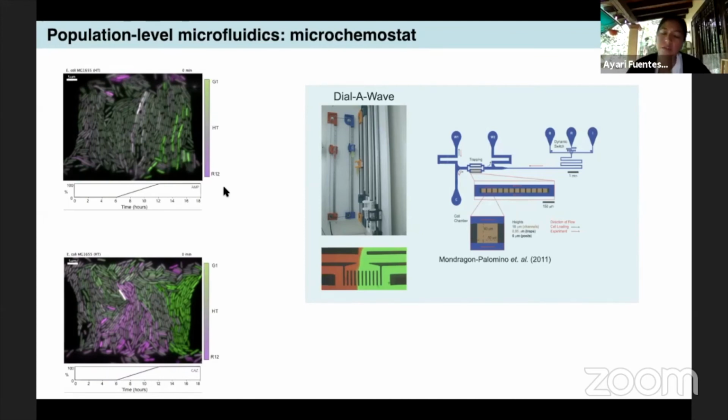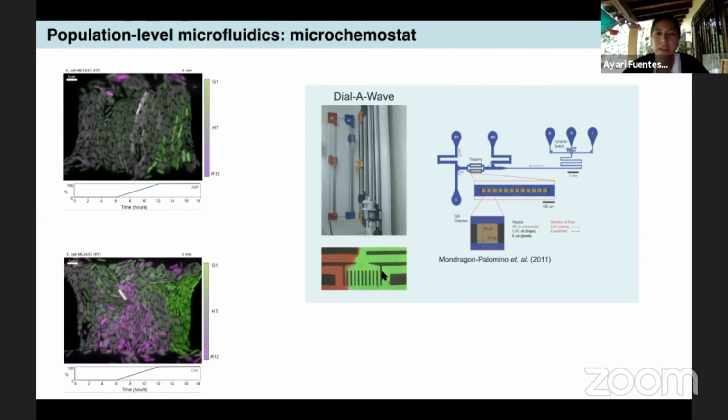Now, instead of these really tiny lines, we have really big chambers, so we can trap around 800 cells, more or less. The really nice thing about this is that we can change the environment in a really precise way.